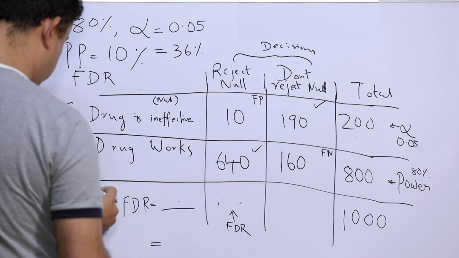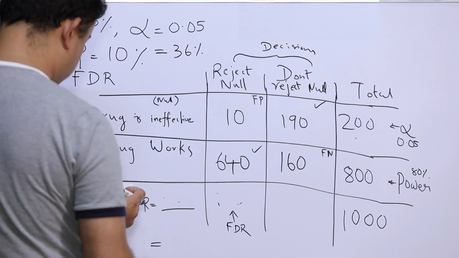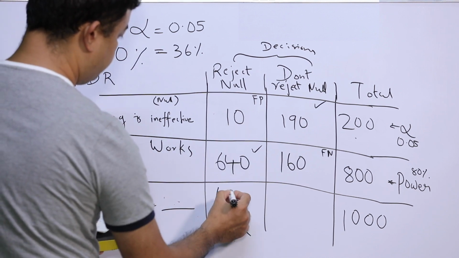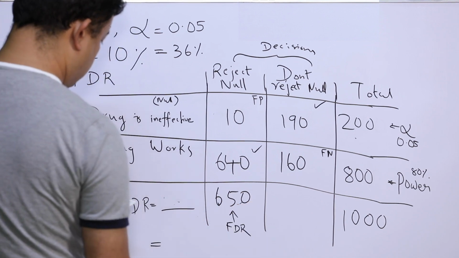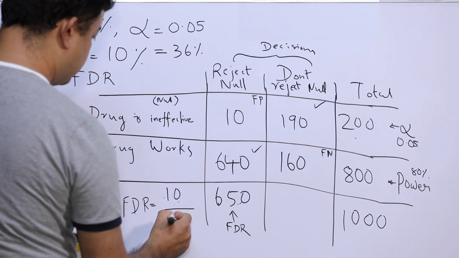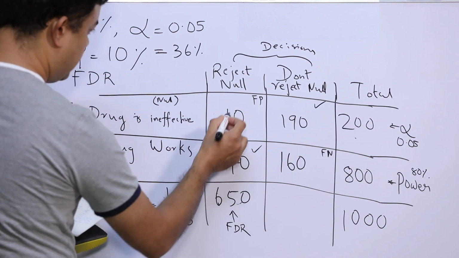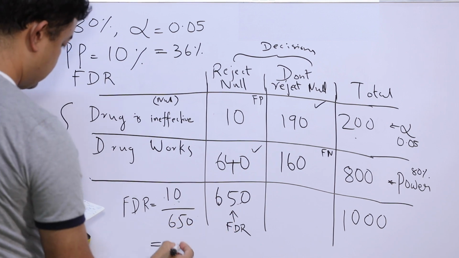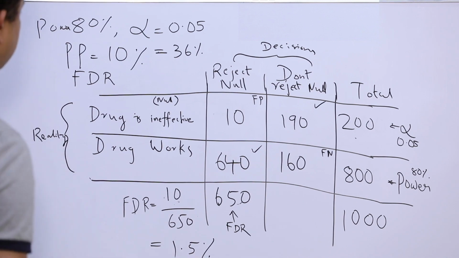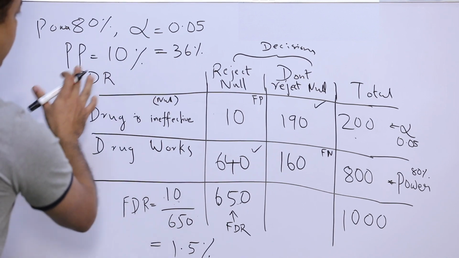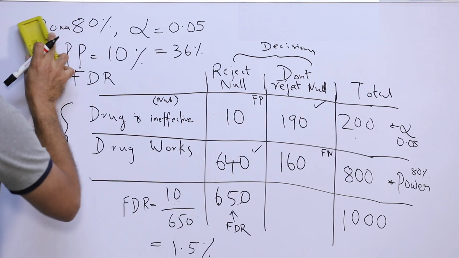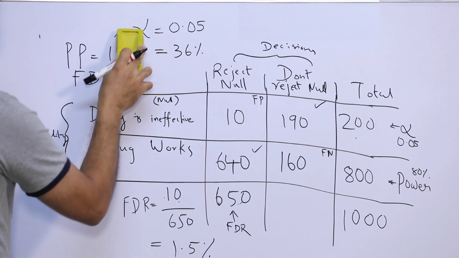Now you can calculate the total. Here the total is 640 plus 10, which is 650. So FDR will be 10 upon 650, 10 out of 650, which comes to around 1.5 percent. So 1.5 percent is the false discovery rate, which is very, very low when our prior probability is 80 percent. So for 80 percent, let me erase the first row here.